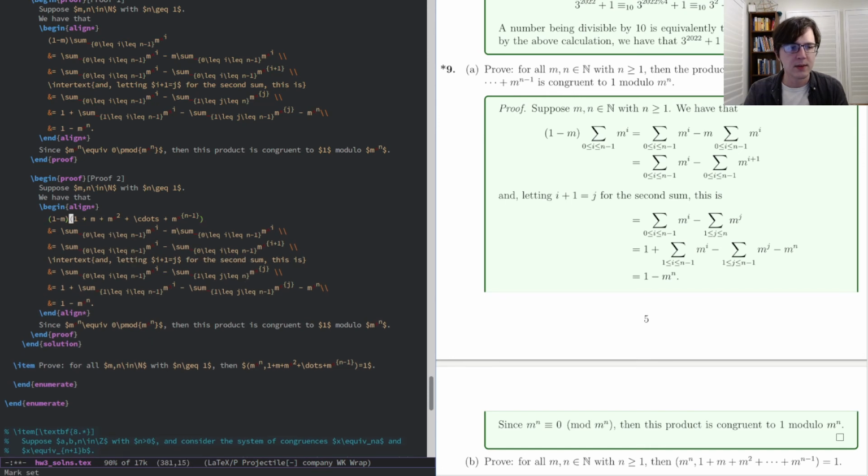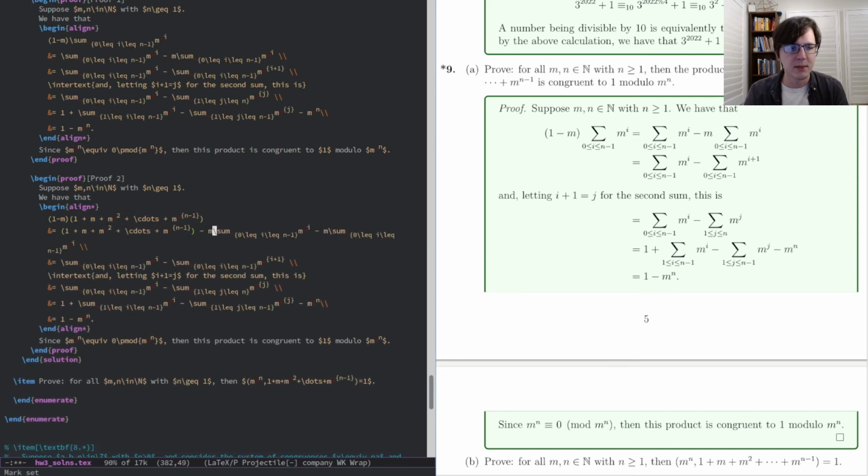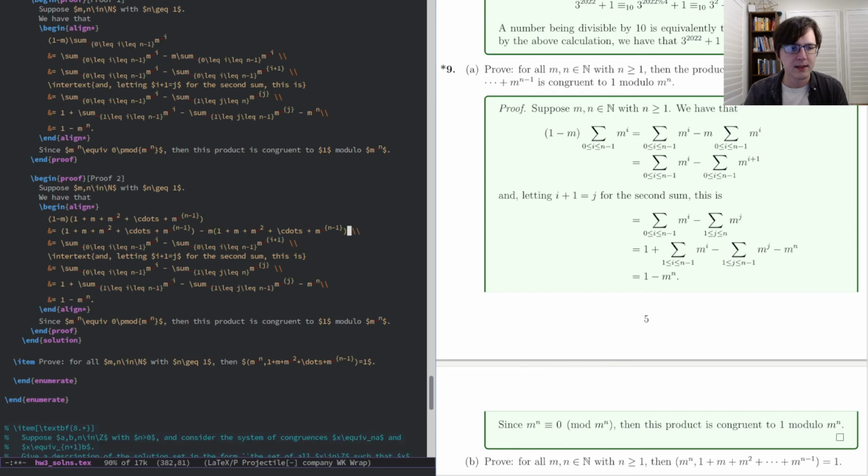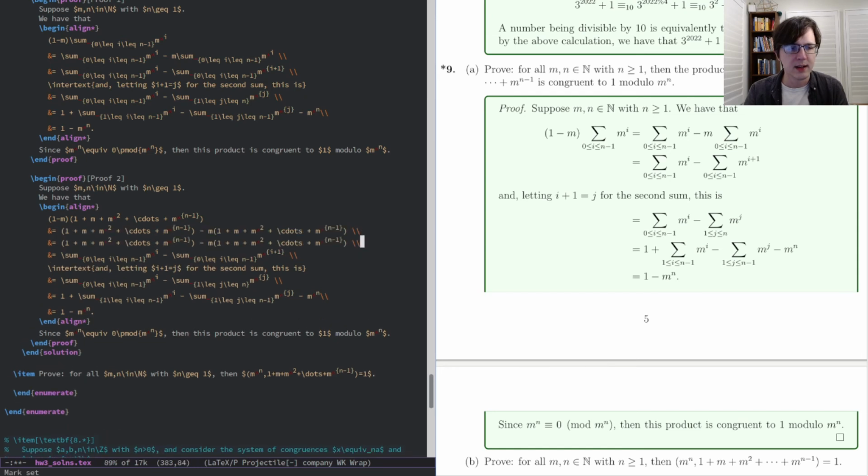So we have that, minus m that, and then we bring the m in. See, this is where we need to know what the rule is, which is what sigma is all about.